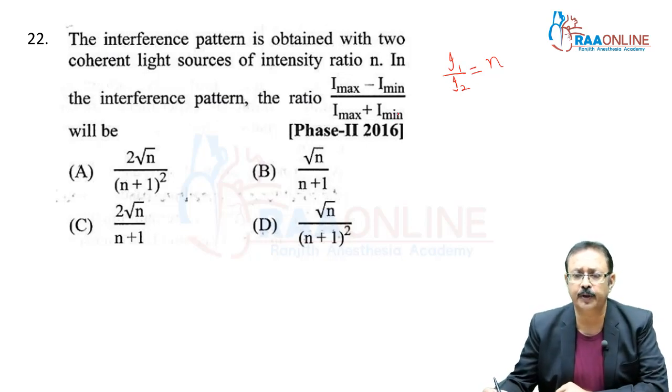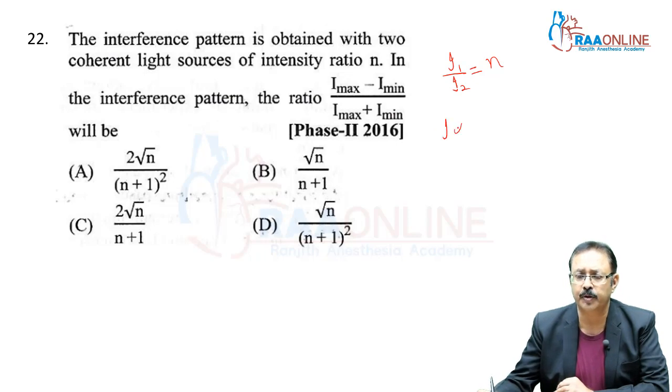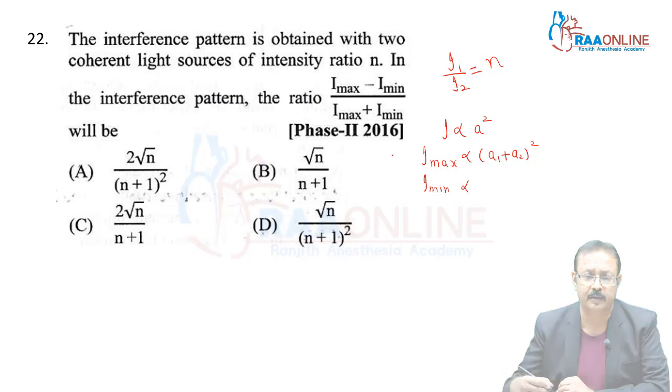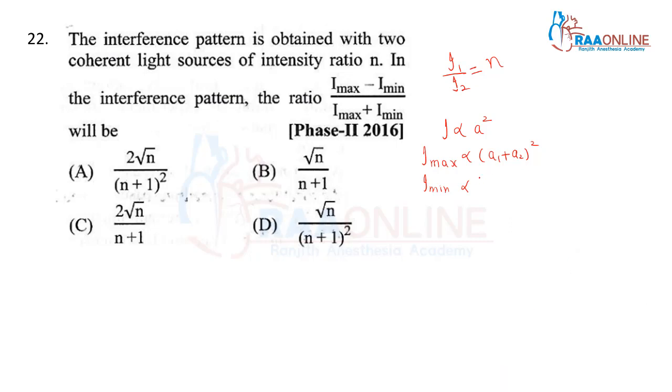We calculated in the theory part that I is proportional to A square, and at the time of maximum intensity, the amplitude was A1 plus A2, and at the time of minimum intensity, we have the derivation in today's theory part, A1 minus A2 whole square.